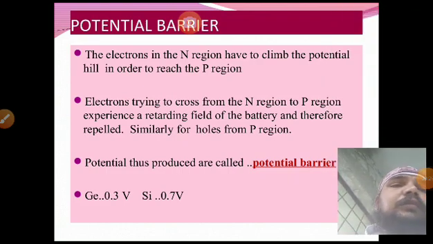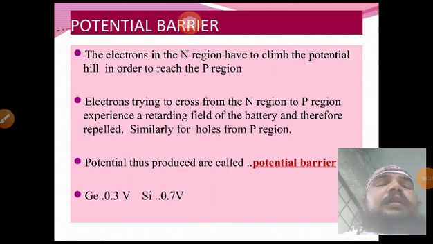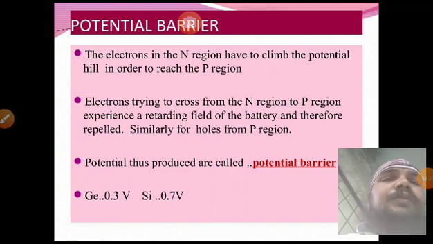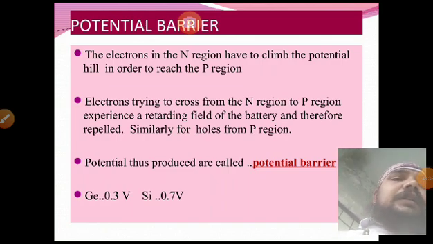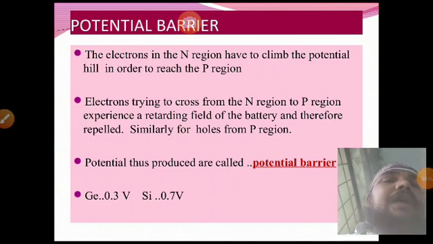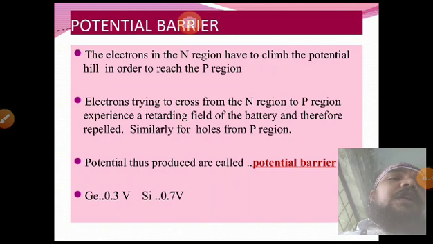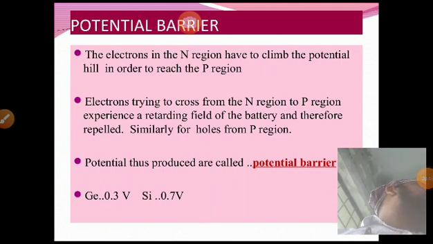Potential barrier. The electrons in the N region have to climb the potential hill in order to reach the P region.